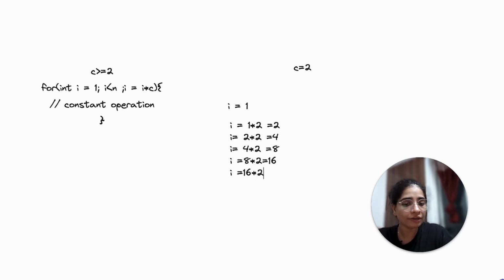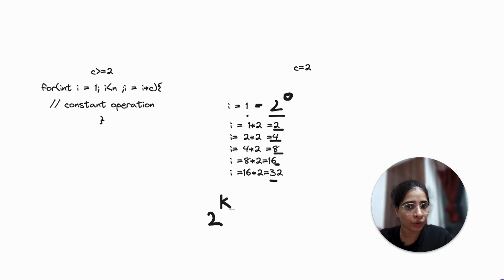If you observe this, what is going on? This is 2 to the power 1, 2 to the power 2, 3, 4, 5, and the first one, where i equals 1, is 2 to the power 0. So the point is i is rising as 2 to the power k.